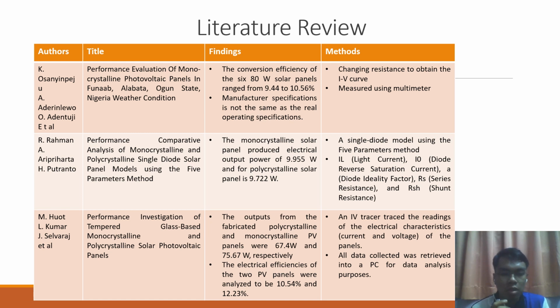Monocrystalline output is higher. Then the electrical efficiency of the two PV panels was analyzed to be 10.54% and 12.23%. This means that this paper also found out that monocrystalline efficiency is higher than the polycrystalline solar panel.